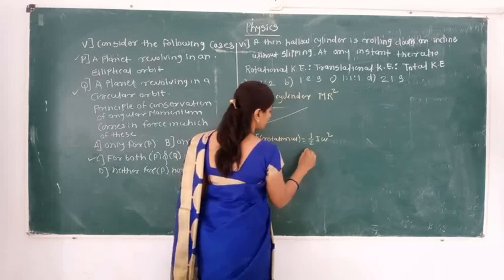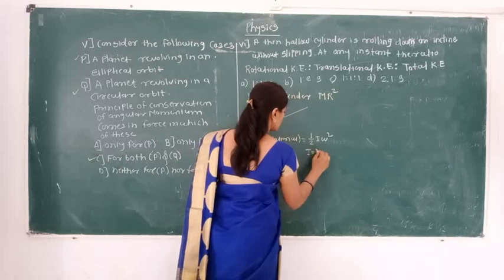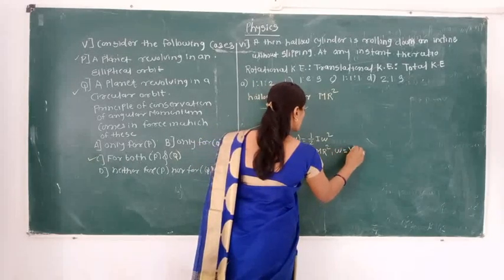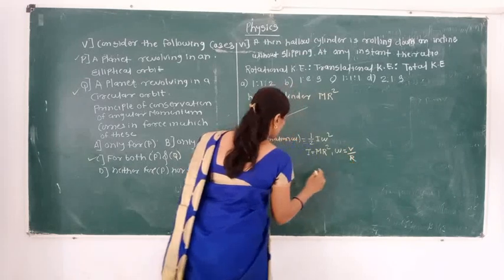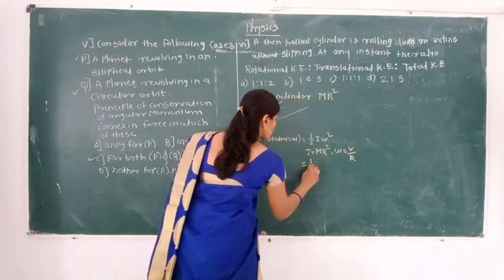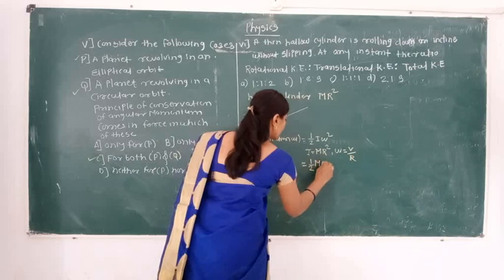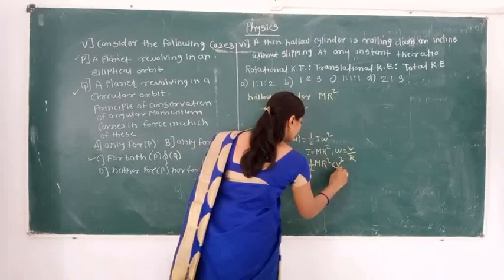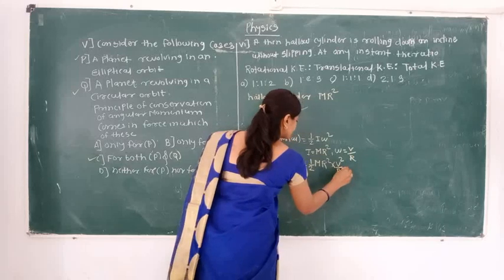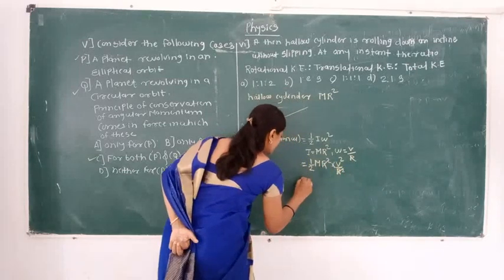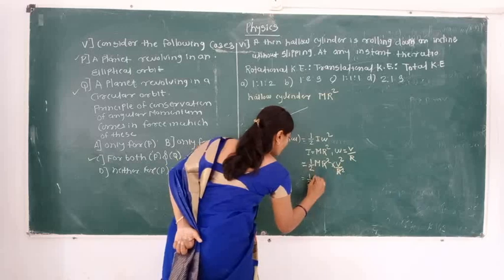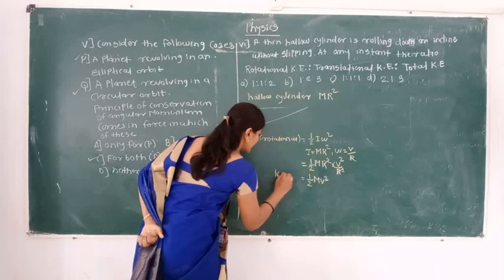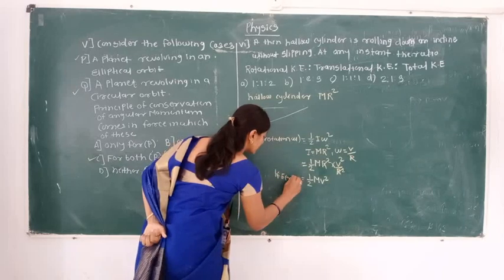But we know here I is equal to m r square, omega is equal to v by r. Therefore it is 1/2 m r square into v square divided by r square. So they are going to cancel. It will be 1/2 m v square. So this is the value of kinetic energy of rotation.